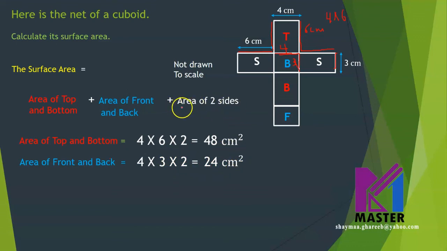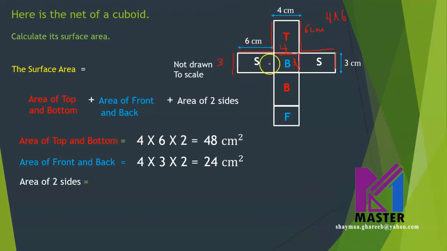And now for the area of the two sides. Let's look at the two sides. We have this edge equals 6 centimeters. What about this one? It's the same as this one here. It's 3 centimeters. So in order to calculate the area of this face or of this side, I will multiply the length by the width. 6 times 3.